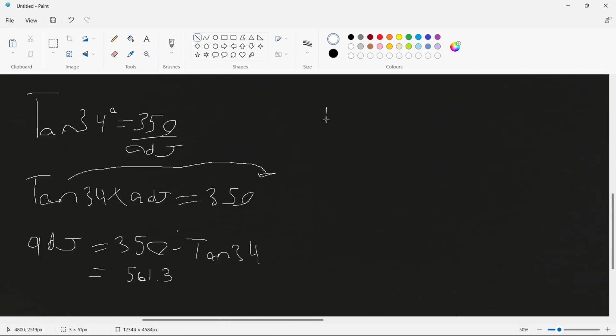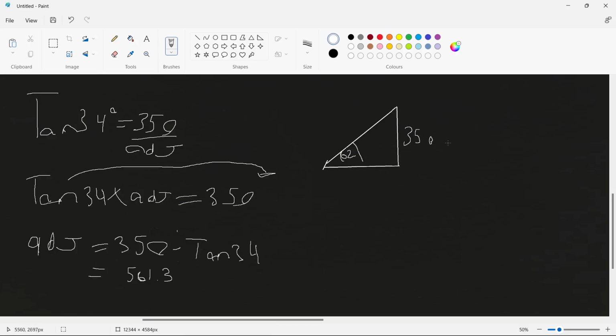Now same thing for the other side. We're going to do this right here. Now we know this is going to be 62, and obviously same thing on the side.